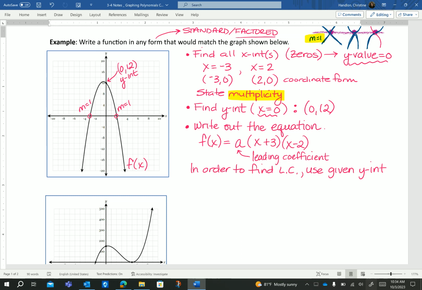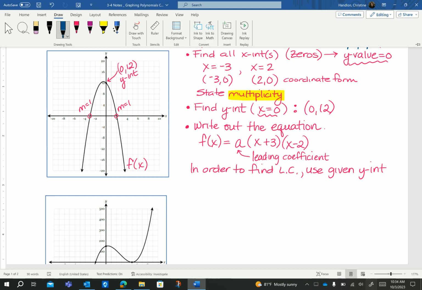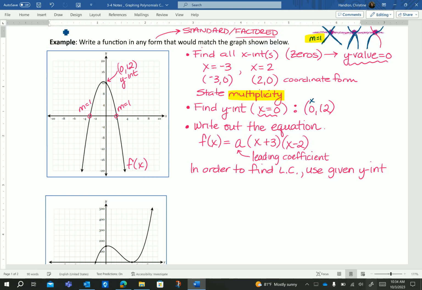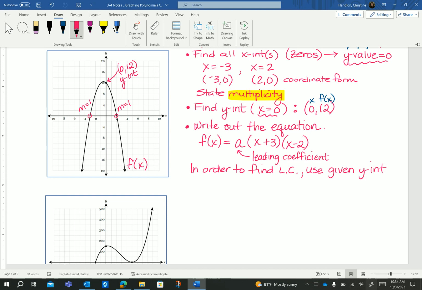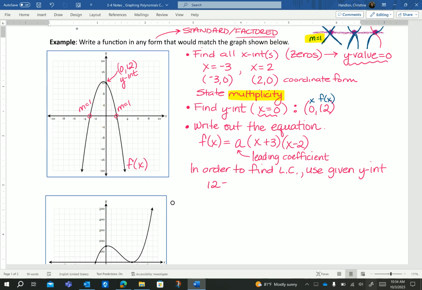Because the y-intercept has a (0, 12) coordinate, which helps us substitute the x and y values, or f of x values, of our equation. So let's go back to our equation. f of x will be replaced with 12 equals a, a is what we're looking for, and then we have 0 plus 3 and 0 minus 2.